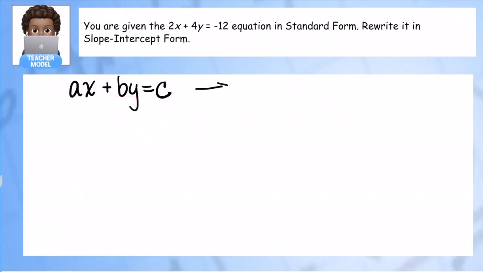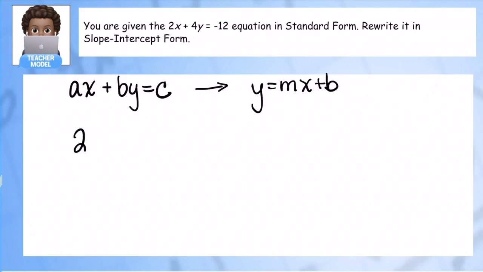Because that's what we're going to do so we can have our y equals mx plus b form. I know this looks really weird because we have different variables and letters, but we still have x's and y's. But just watch what I do to deal with any coefficients in the problem.